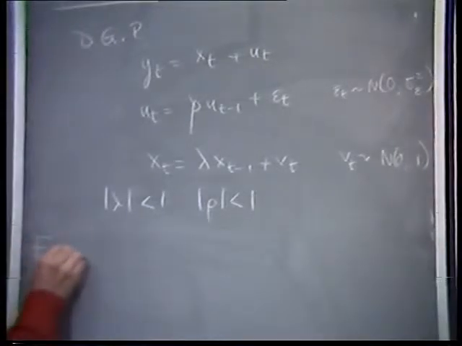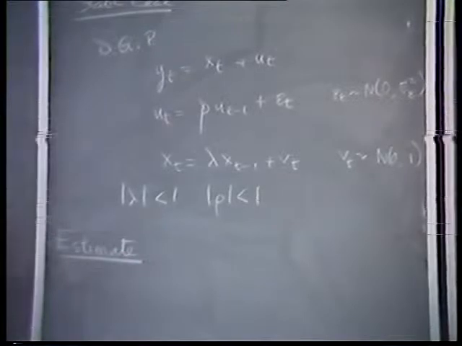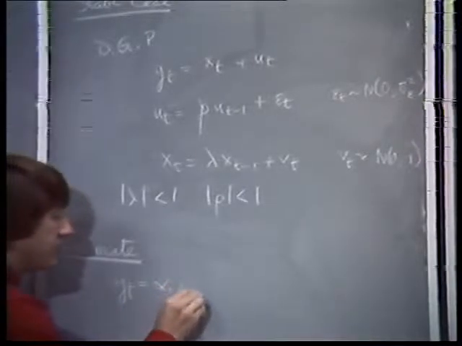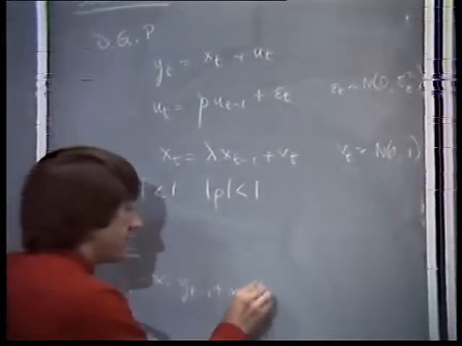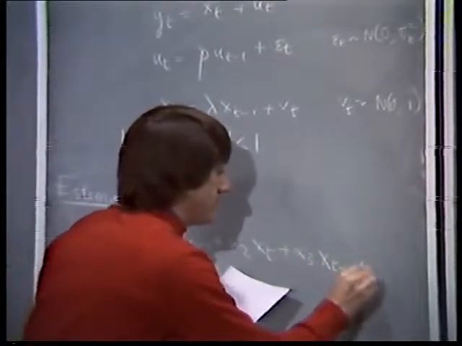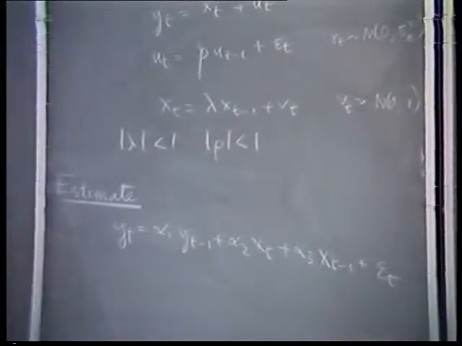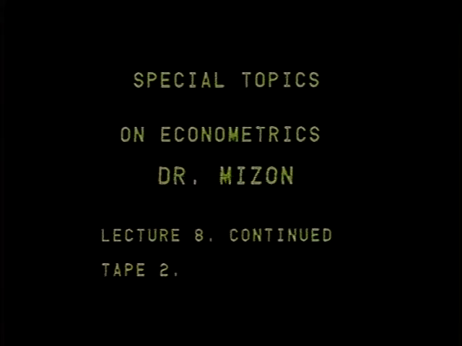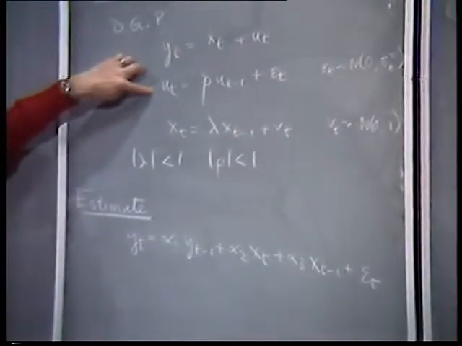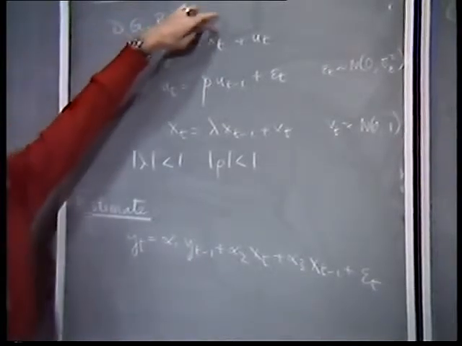But the model we're going to estimate is going to be y_t equal to alpha_1 y_{t-1} plus alpha_2 x_t plus alpha_3 x_{t-1} plus epsilon_t, by allowing in the first equation for this autoregressive error process. So we include the lag on y and x in that model.